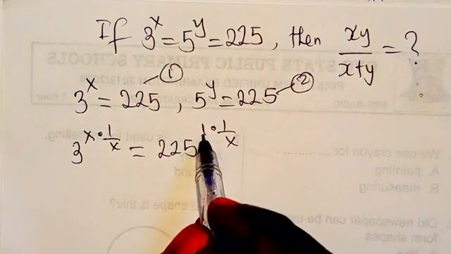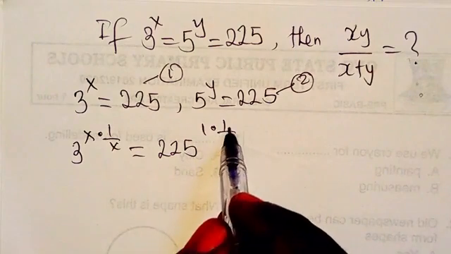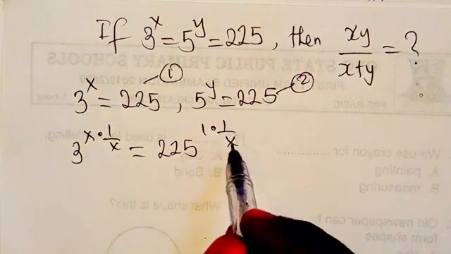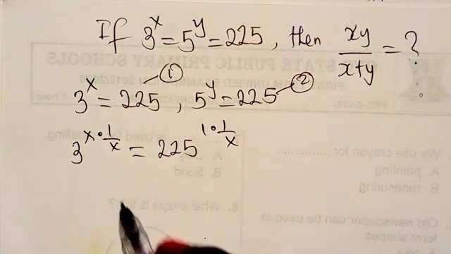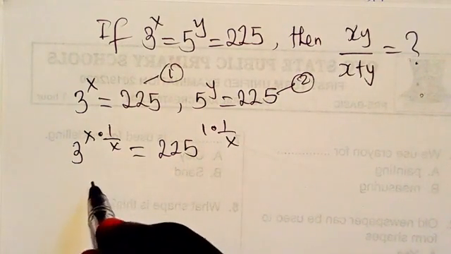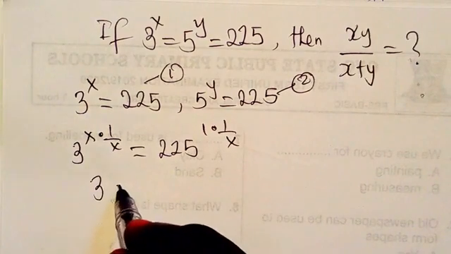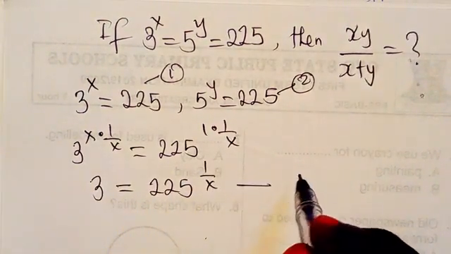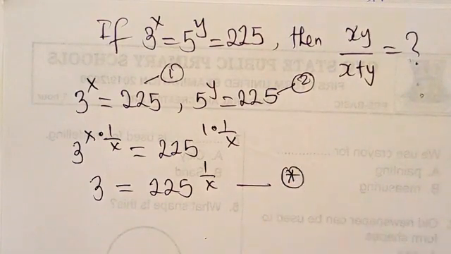Ordinarily 225 is having power 1, so taking the root we have 1 over x multiplying the 1 here. So we have 3 equals 225 to the power 1 over x. Let's call this equation star.